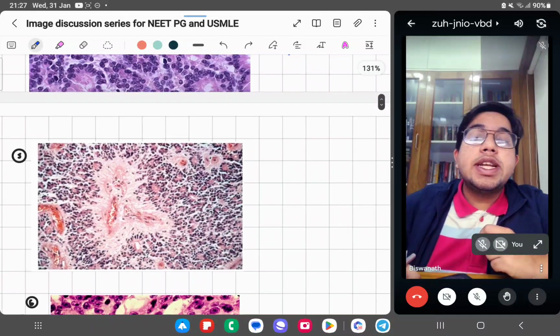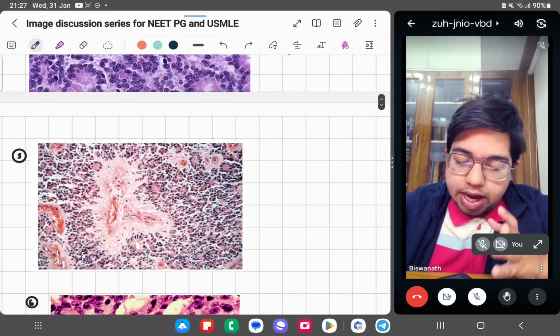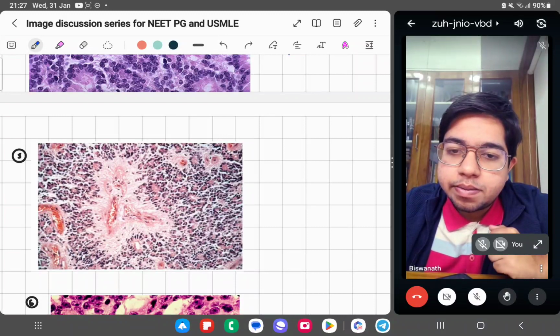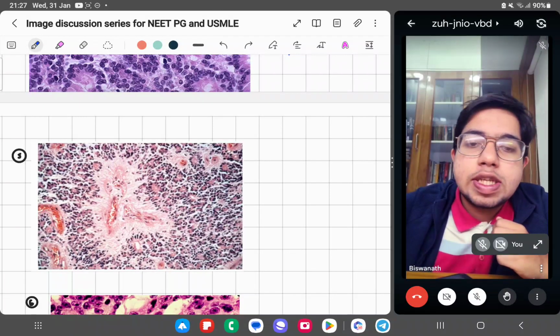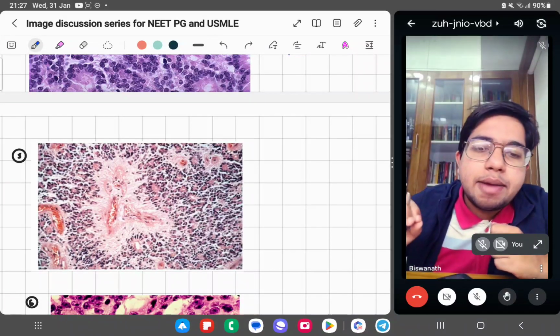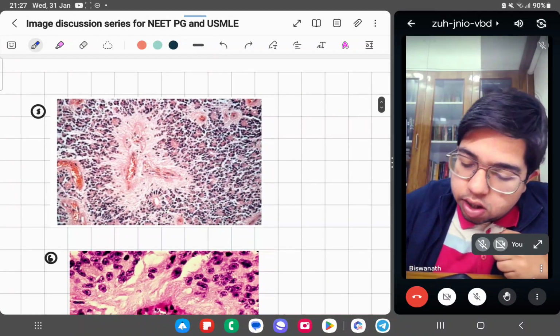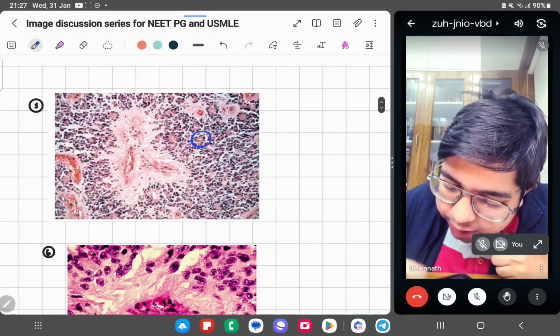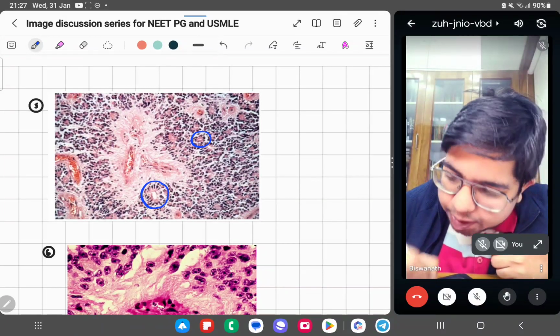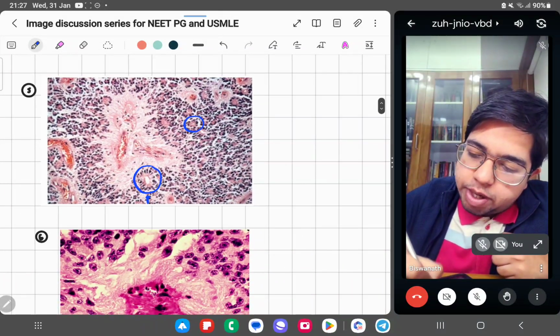Now let's go to the next pathologic image. Can you identify what this is? So these are your true ependymal rosettes. You can see it's true because we have the lumen present. You can well observe, here is our lumen.